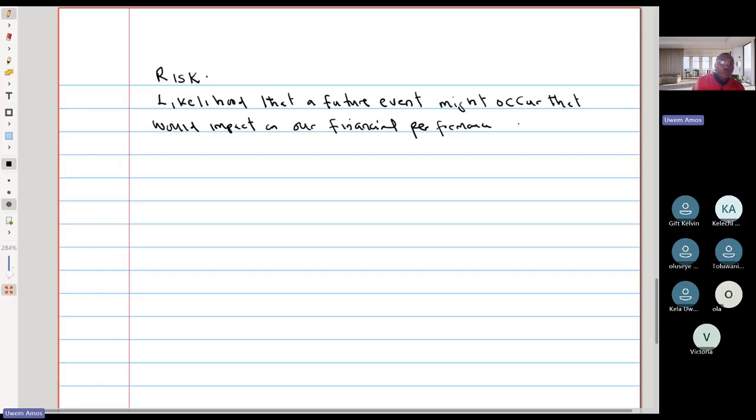So I'm looking at time, so I'm going to spend 5 minutes on this. Now, the key term here is the word likelihood.